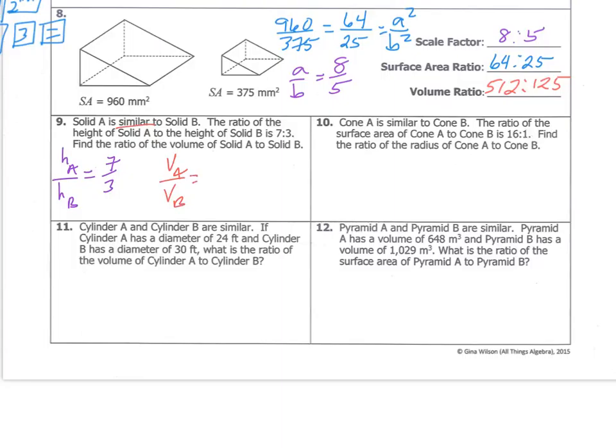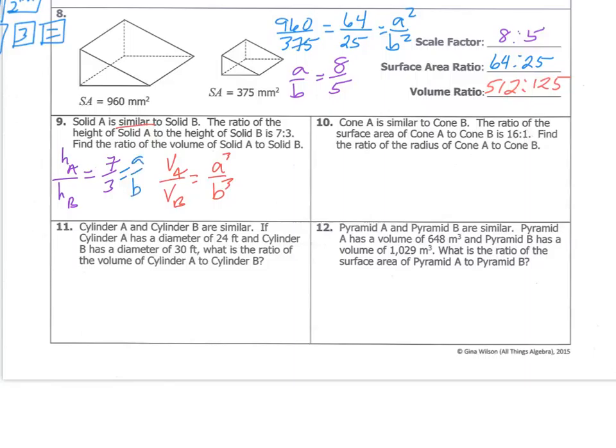What do we do with that? Think of the fact that is it just A to B? Or is it A squared to B squared? Or is it A cubed to B cubed? A cubed to B cubed. And right here, isn't this one equal to A to B?